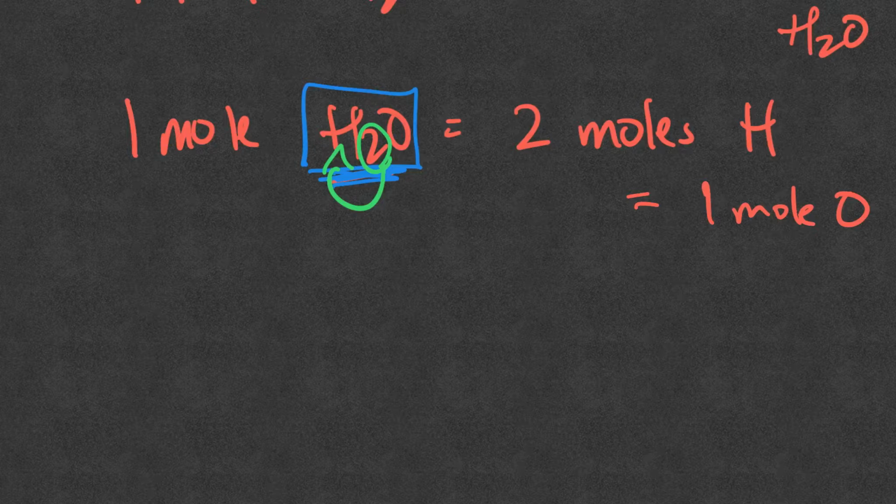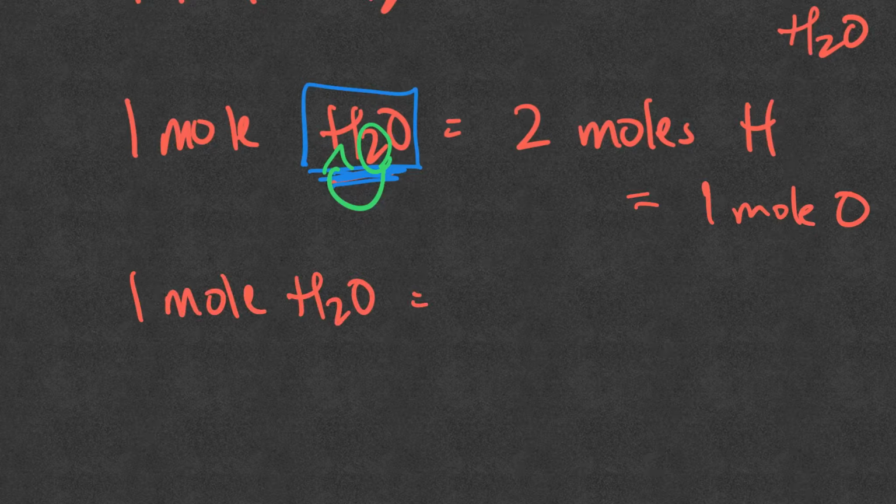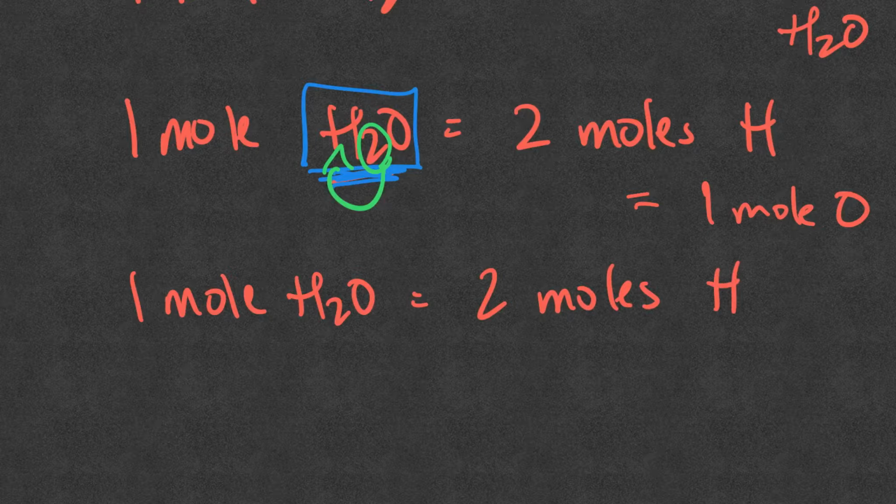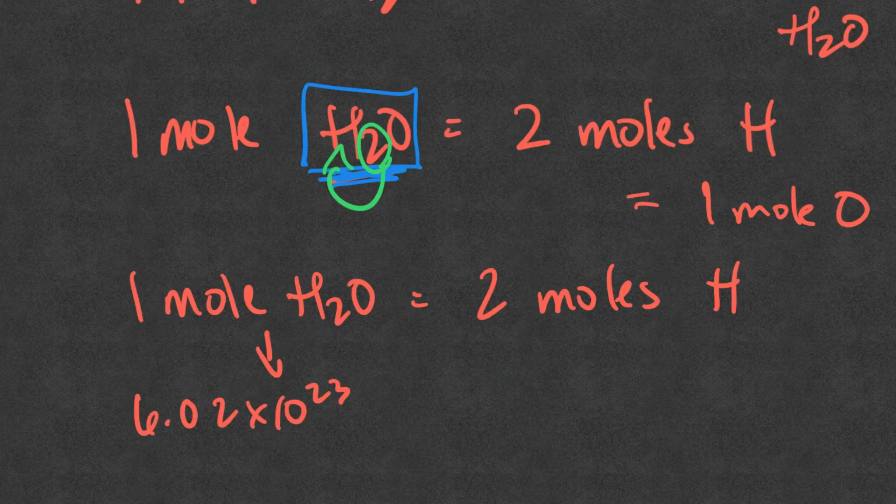So as I said earlier, we know that for every 1 mole of H2O, you have 2 moles of H, and we know that 1 mole of H is 6.02 times 10 to the 23rd.